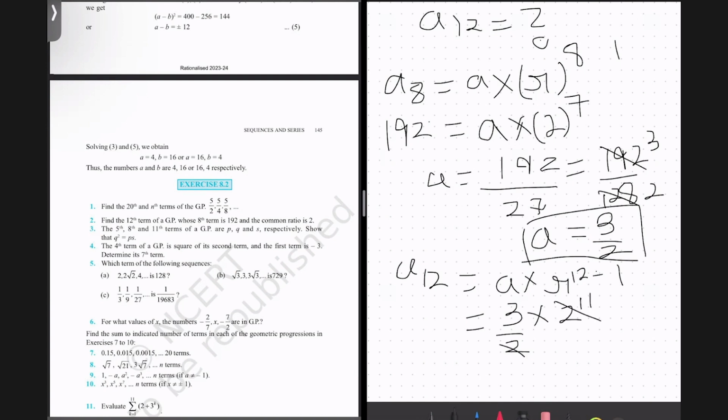This 2 and this 2 get cancelled, and I have 2 to the power 10 remaining here: 3 into 2 to the power 10. 2 to the power 10 is nothing but 1024. When you do the calculations for yourself, the final answer you arrive at is 3072. So that is the 12th term of your GP.